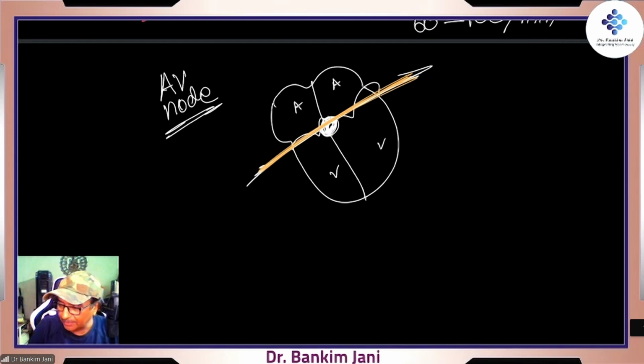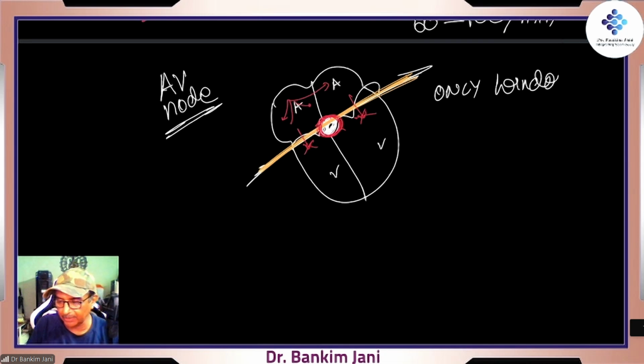So the AV node is the only window via which the current can go from up to down. It cannot go from here, it cannot go from here. While in the atria, yes, the Bundle of His is there, and some fibers cross all. Once things come down, there are fibers here, a few fibers here, and that mixing will occur. But the AV node is the only window between the upper heart and the lower heart.